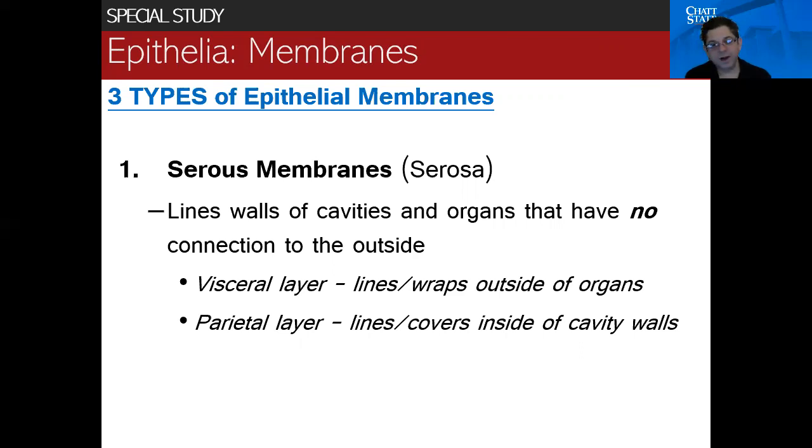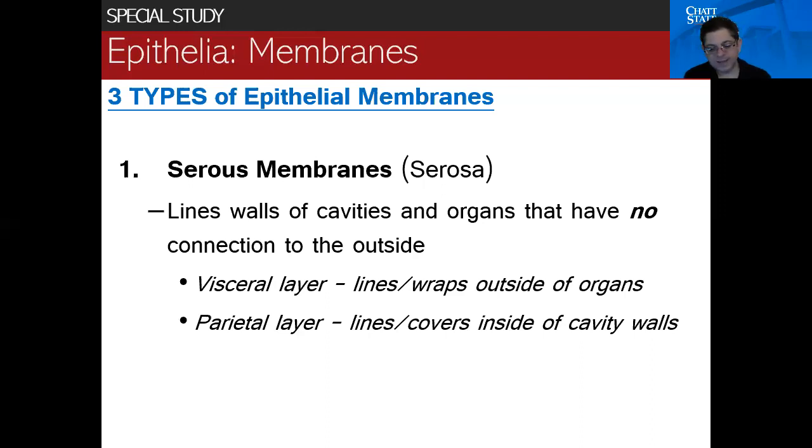So the wrapping around the fruit itself, the cantaloupe or the apple in this case, would be the visceral layer. It's the wrapping around the organ itself. Now you take that organ and you put it in that bowl that's lined with that plastic Ziploc bag, and that Ziploc bag would represent the parietal layer, lining the cavity that the organ sits in. Does that make sense? So visceral is always around the organ.